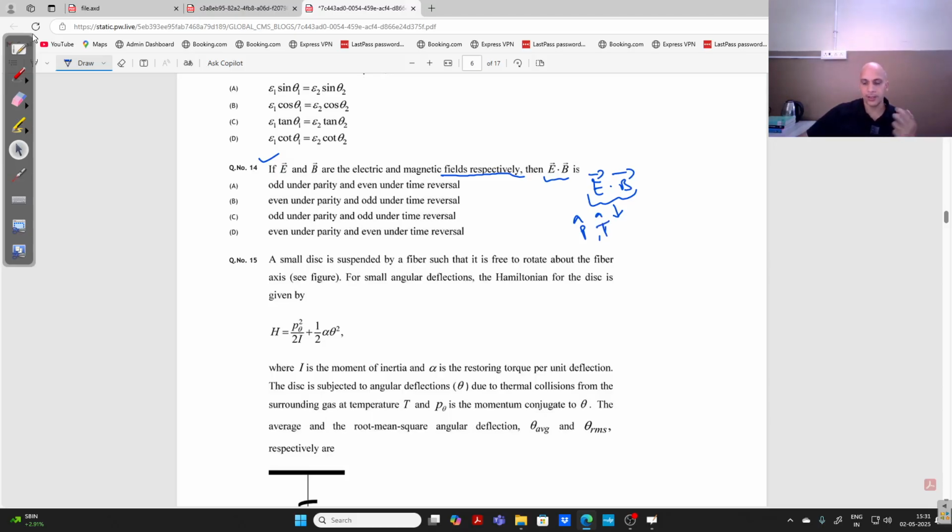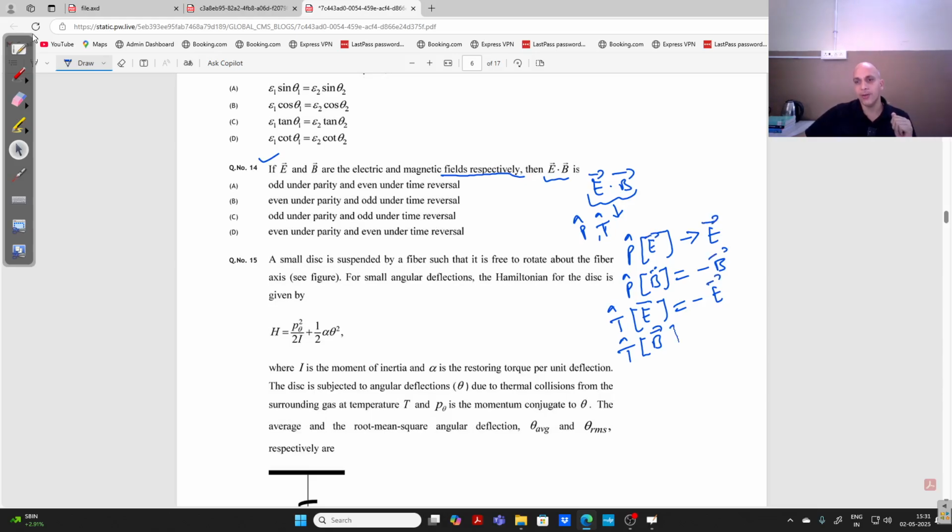For it, we know very well if I apply parity operation on electric field, then we have to recall that it remains unchanged, E. But when I apply parity operation on magnetic field, then it reverses its sign, so it is minus B. Similarly, if I apply time reversal operator on electric field, then it remains E. What if I apply time reversal operator on magnetic field? All these are vectors, right? Here you can suppose that these are vectors.